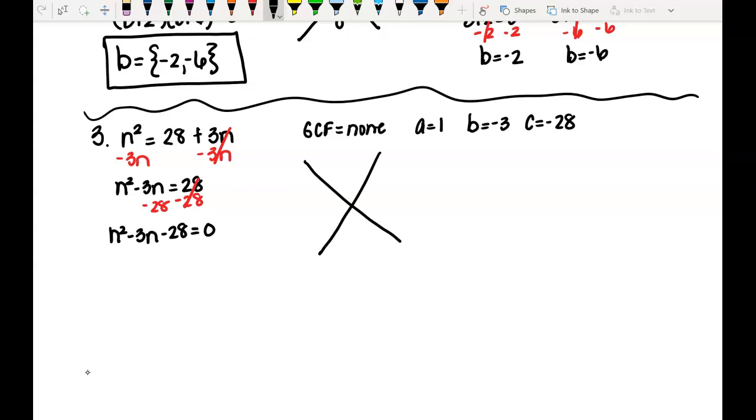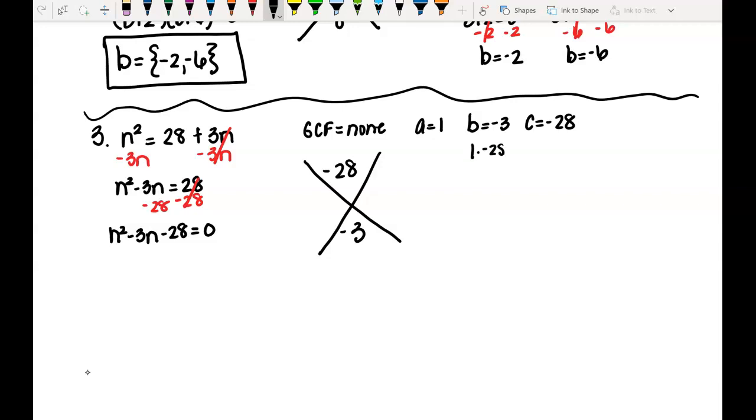Set up my x. 1 times -28 is -28. b is -3. So I need two numbers that multiply together to make -28 and add up to -3, which means my larger factor has to be my negative.